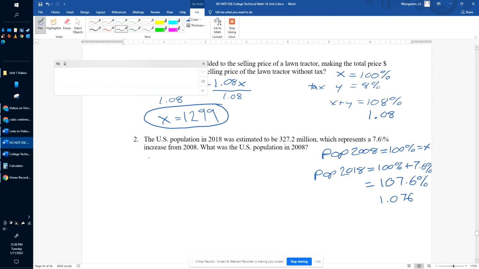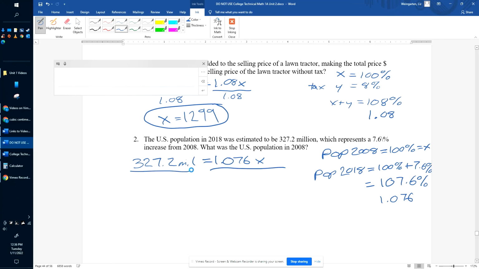What is the US population in 2008? So we know that the 2018, the new, is 327.2 million, equals 1.076 times whatever it was in 2008.